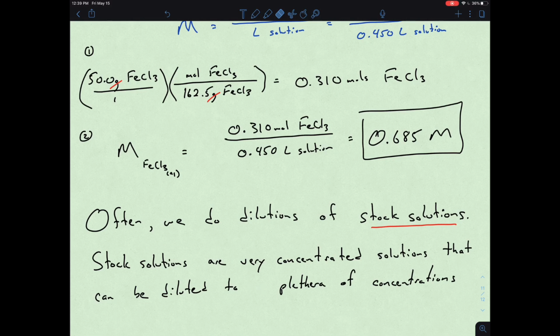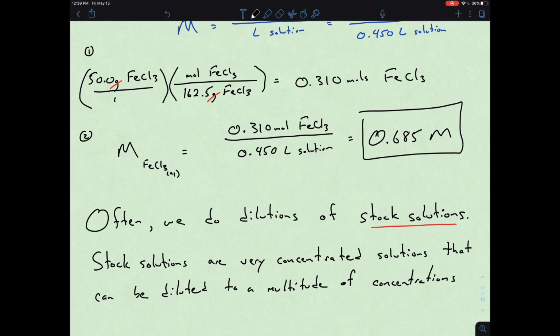And so what we can do is dilute that to then provide a plethora of concentrations, right? We can produce, another word would be a multitude of concentrations, right? Because it's very concentrated.